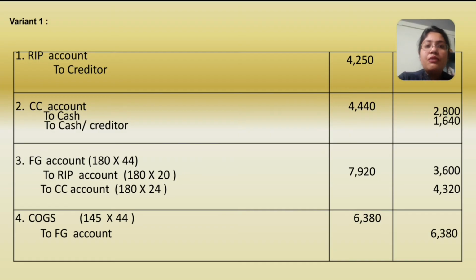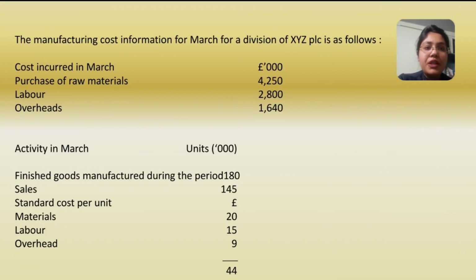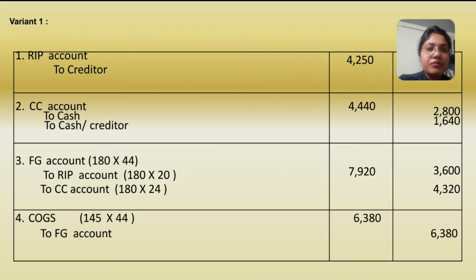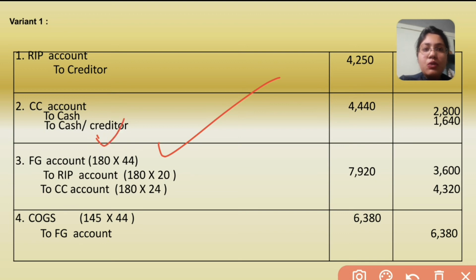Then we have the finished goods account. Finished goods account we have taken. Okay, over here see how many goods we have produced? We have produced 180 units, right? Into the total standard cost, that is 44. Okay, 180, that was the number of units produced, into the standard cost that was set. And what do we credit over here?